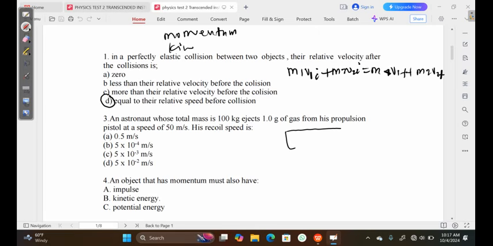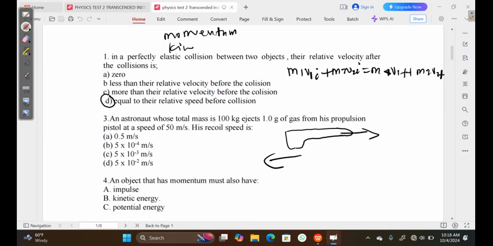As the bullet is coming out, the gun is going to experience, you who is holding the gun, you experience what we call recoil velocity. So the bullet moves this side and the gun will move this side. This concept comes from Newton's third law of motion: for every action there is an equal but opposite reaction.